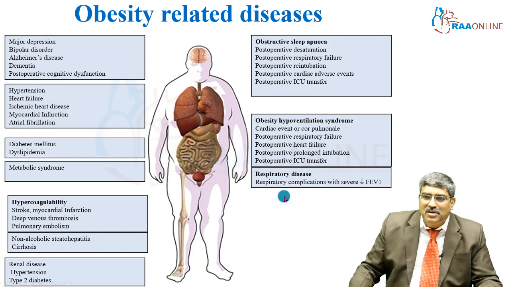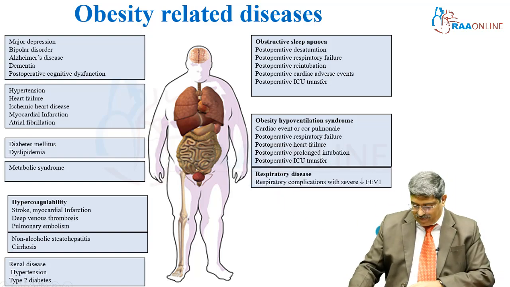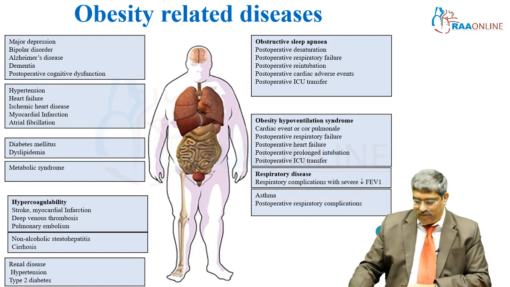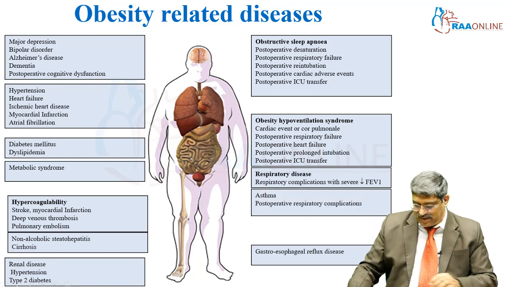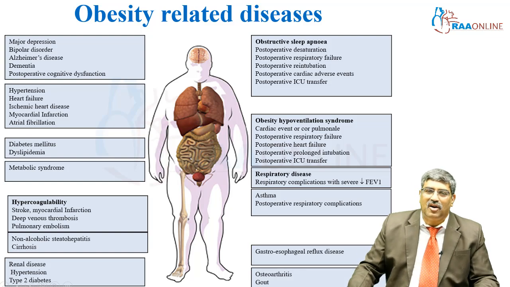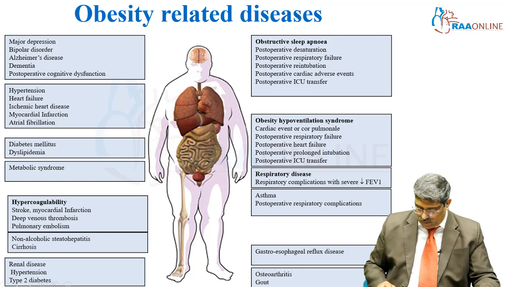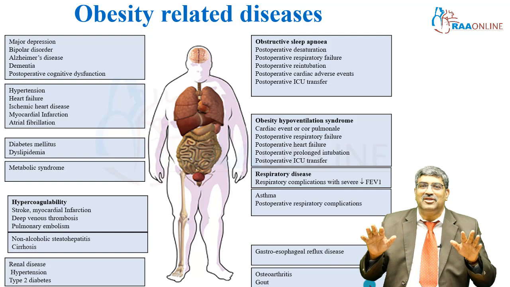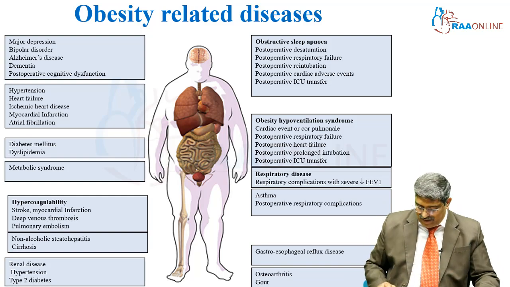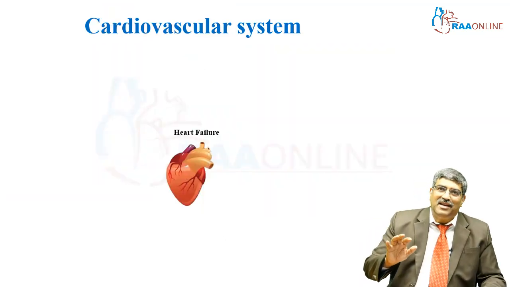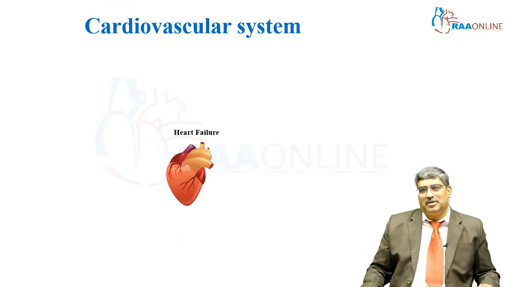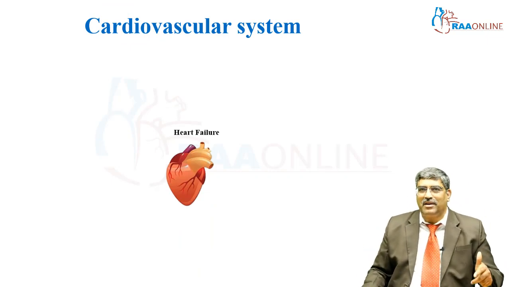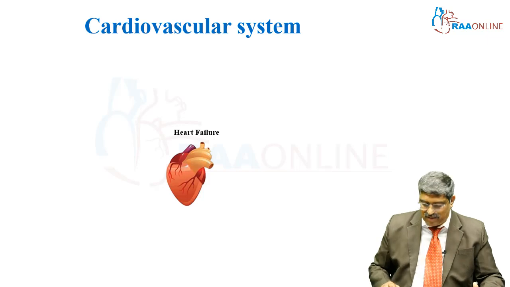You have severely compromised lung function, asthma can develop, gastroesophageal reflux, and not to forget osteoarthritis and gout. These are all various obesity related disorders. We will look at the three major organ systems: cardiovascular, respiratory, and the renal system.